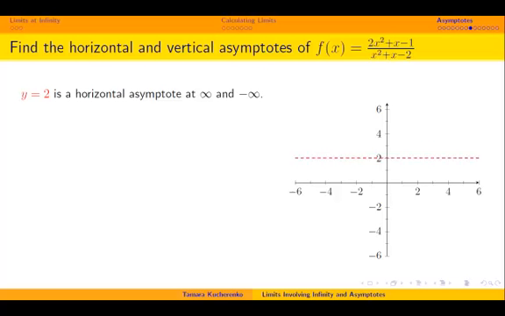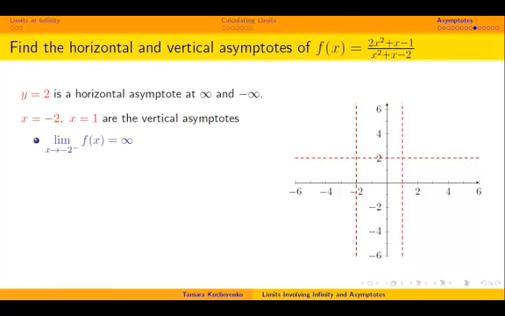We indicate this by drawing a dashed horizontal line at 2. The function has two vertical asymptotes, x equals negative 2 and x equals 1. We draw two vertical dashed lines at negative 2 and 1.